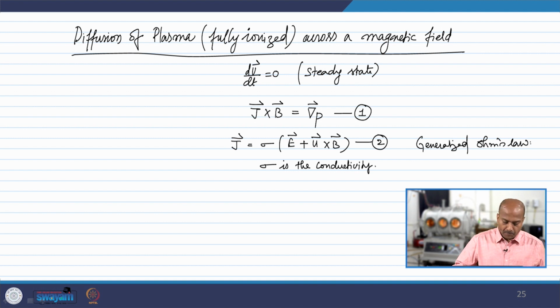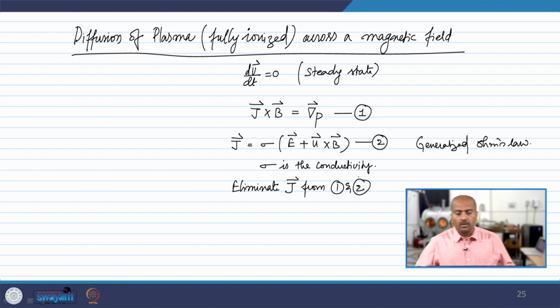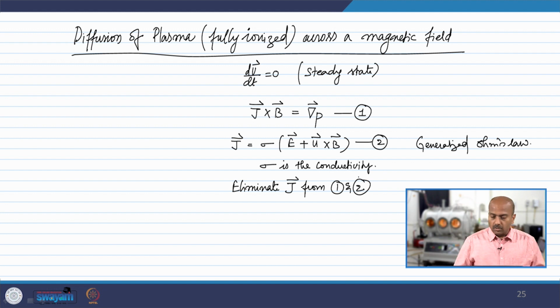Okay. Now, we can eliminate J from 1 and 2. By eliminating J, we are trying to get one equation which represents both these two equations. So, we can substitute all of this that appears on the right hand side of equation number 2 in the place of J in equation number 1.